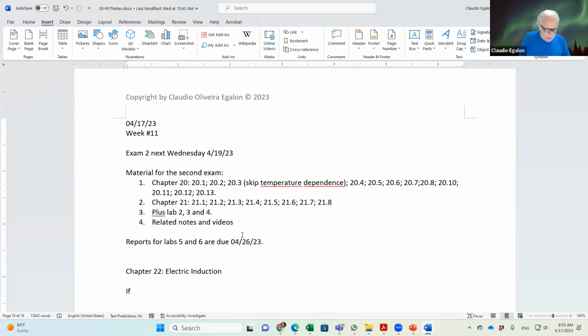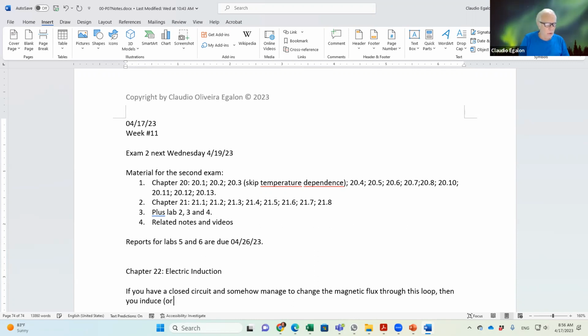So you memorize that if you have a closed loop, a circuit, if you have a closed circuit, and somehow manage to change the magnetic flux through this loop, then you induce or generate an electric current.